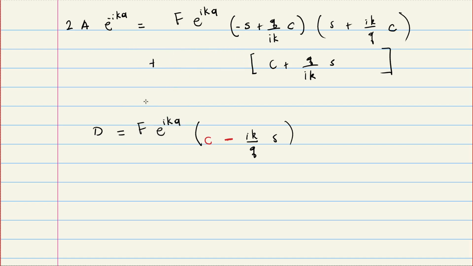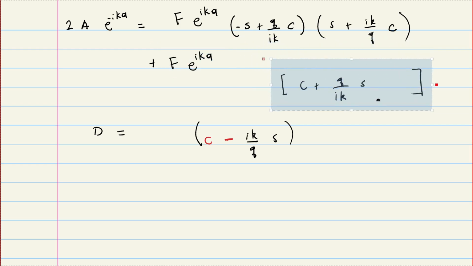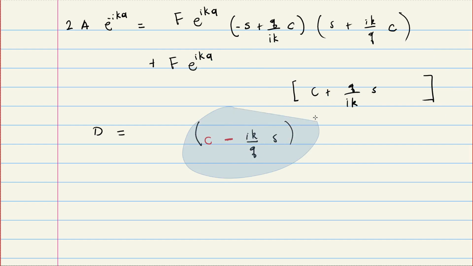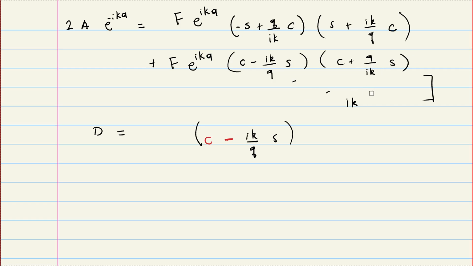So D will go and I will write this guy times, open up this a little bit, this guy. Okay, let me write it. C minus ik over q S and C plus q over ik S. Okay, clean everything.